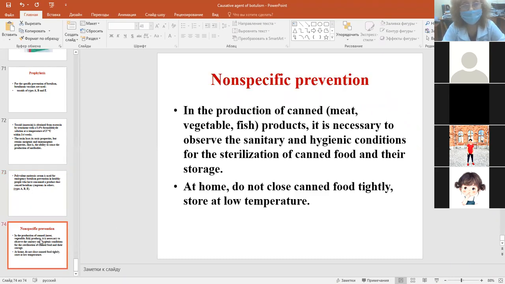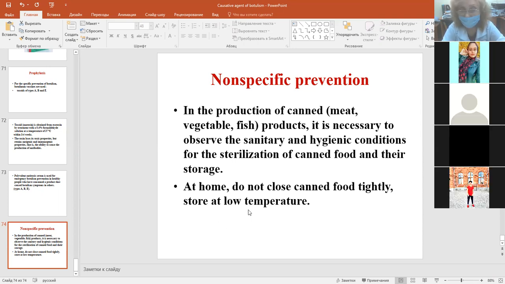What about non-specific prevention? In the production of canned products, meat, vegetable, fish products, it is necessary to observe the sanitary and hygienic conditions for the sterilization of canned food and their storage. They should be kept in a refrigerator, because low temperature inhibits the multiplication of Clostridia. And sometimes canned food contains acid, any kind of acids. It's not good, of course, for people, but if the pH is acid, the Clostridia are not able to multiply a lot.